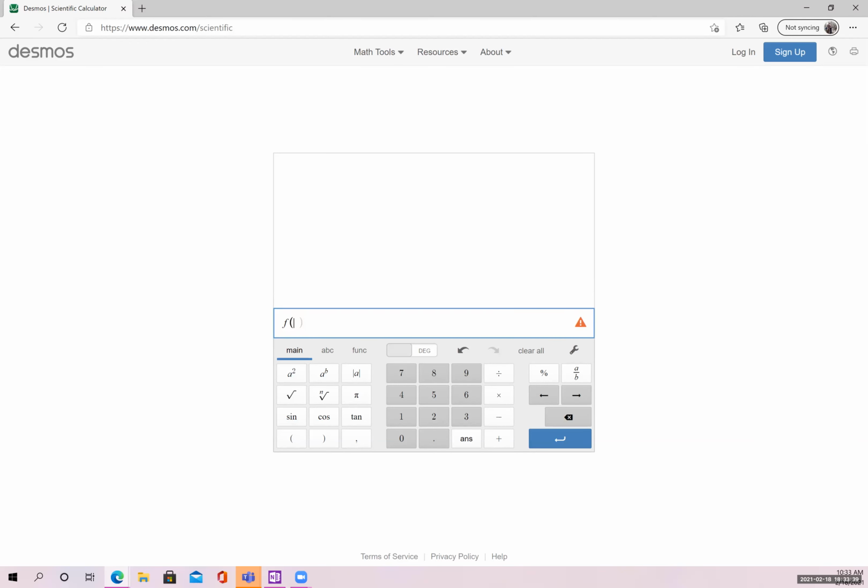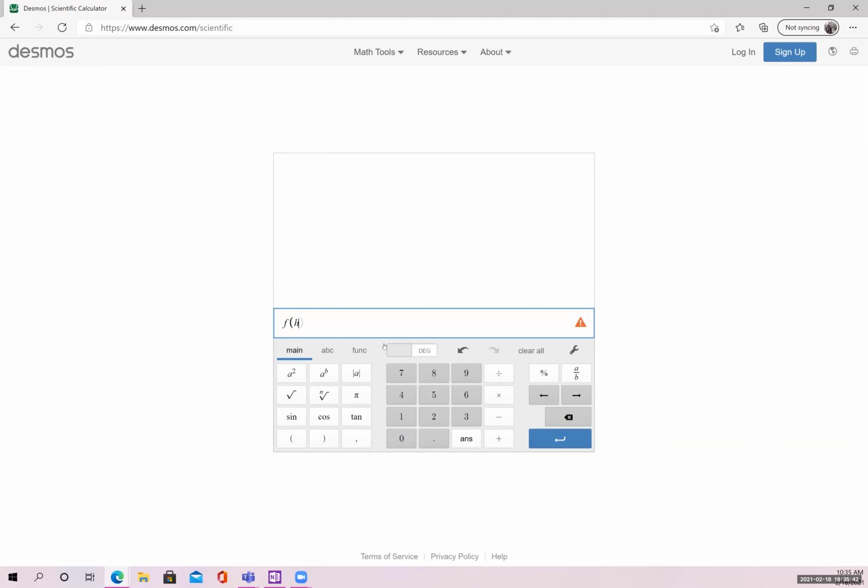Okay, so f of h, let's call that our function because I'm going to use the variable h instead of x, is equal to, in our numerator, we have e raised to the h power. Then we had a minus 1, and then divided by h. Okay, so this was our formula to find the instantaneous rate of change. This is how far we got.